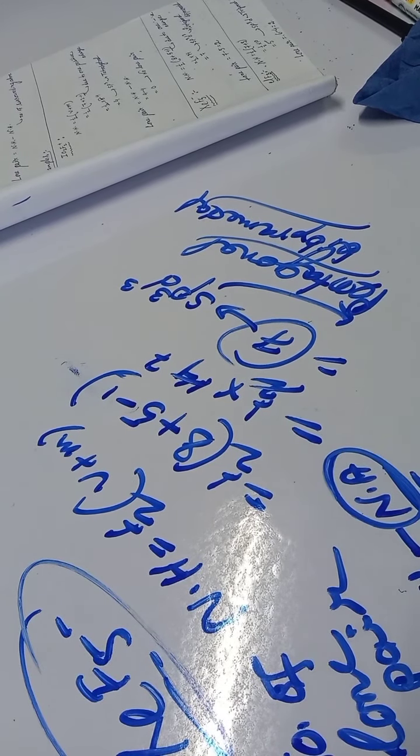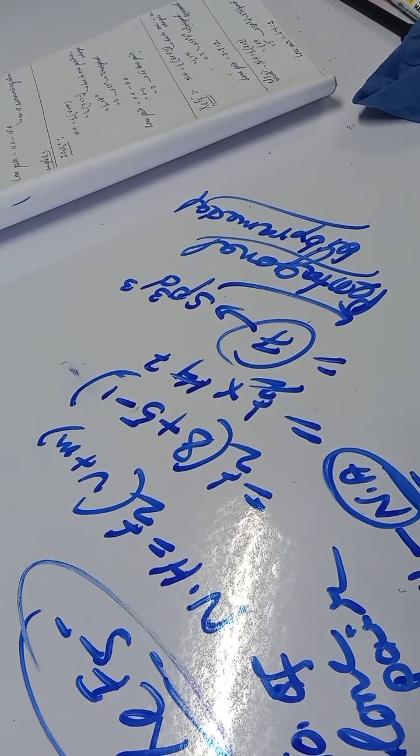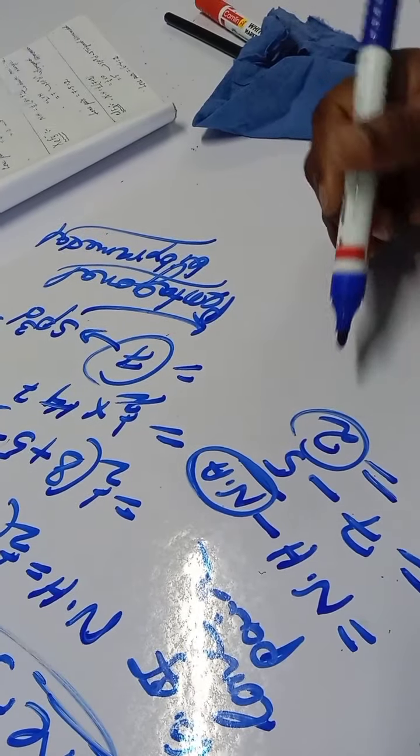Na means the number of surrounding atoms, equal to 5. So 7 minus 5 equals 2. That is the number of lone pair, 2.